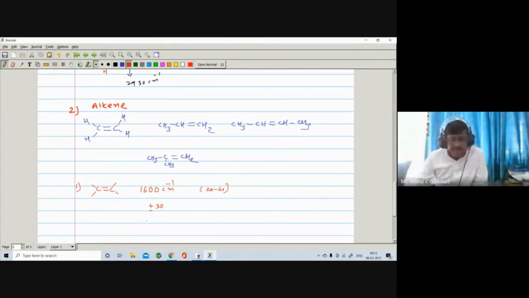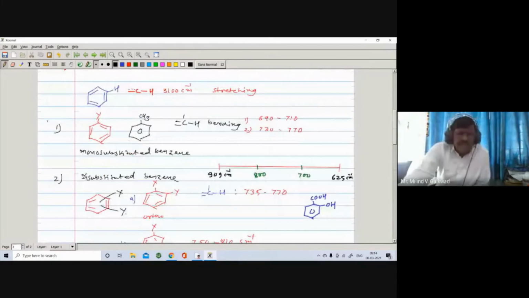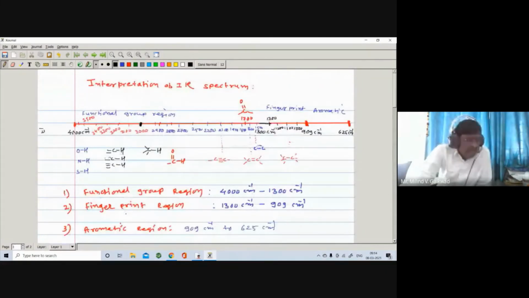Another important band is the CH stretching of alkene. One is the carbon-carbon double bond band, and the second is the CH stretching. Where will the CH stretching of this alkene appear?